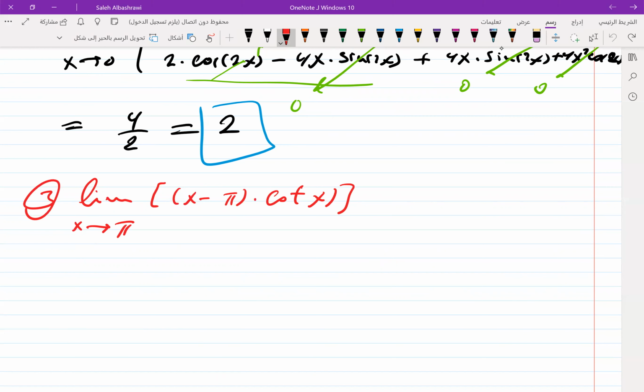When you replace x by pi, you will have 0 multiplied by infinity, which is an indeterminate form.